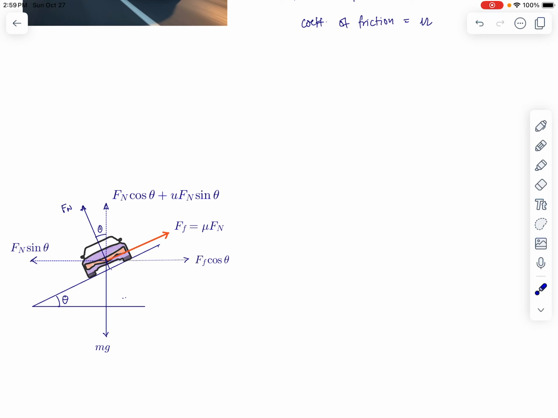And the normal force keeps the car on the track, and it's perpendicular to the track. So the net horizontal force acting inwards towards the center of the track is what provides the centripetal force.